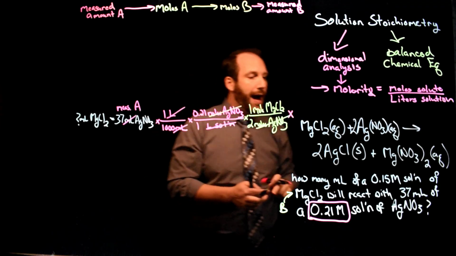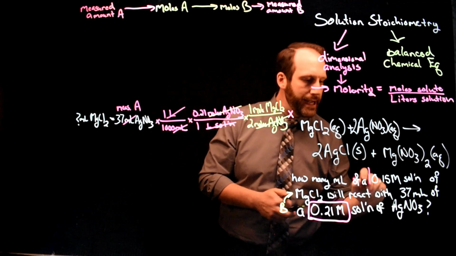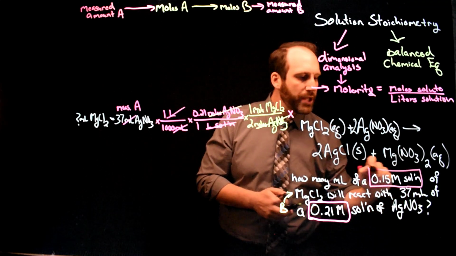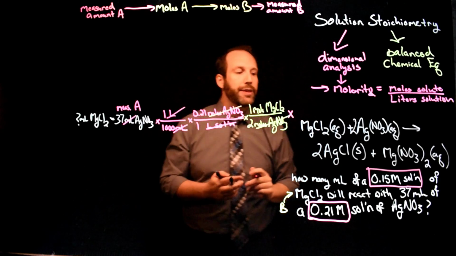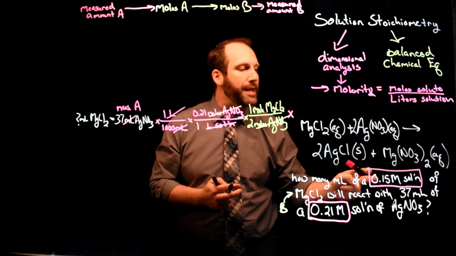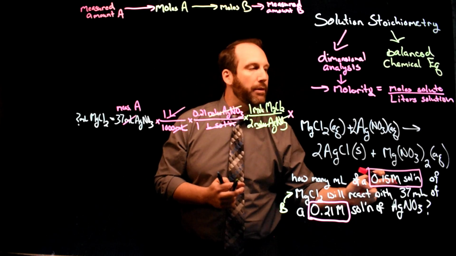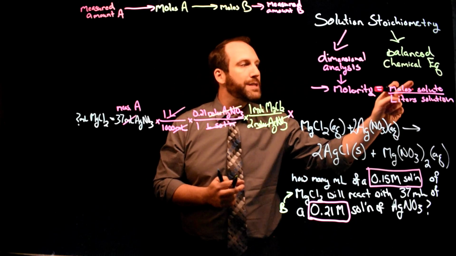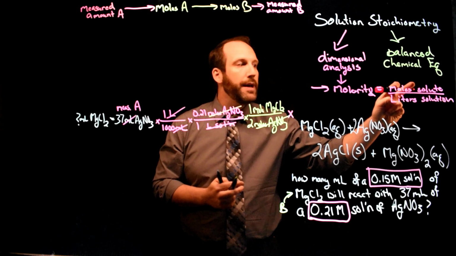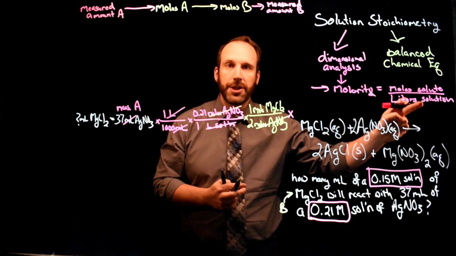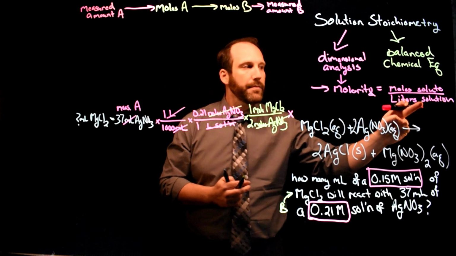Well, sure. I have this number right here, okay? I'm told that that magnesium chloride solution that I have has a molarity of 0.15 molar, okay? Remember, molarity is moles per liter, so it's moles of MgCl2 divided by liters of MgCl2 solution, right?